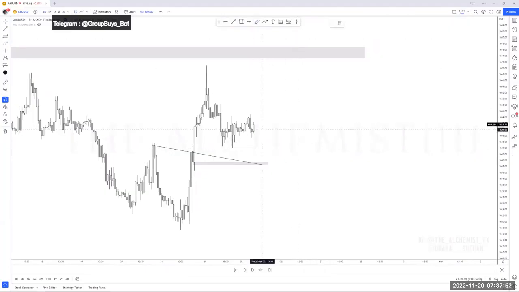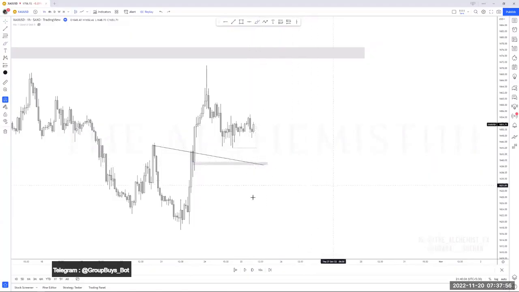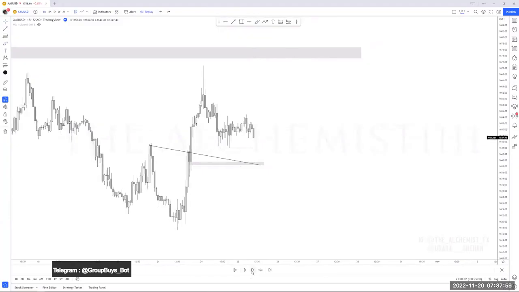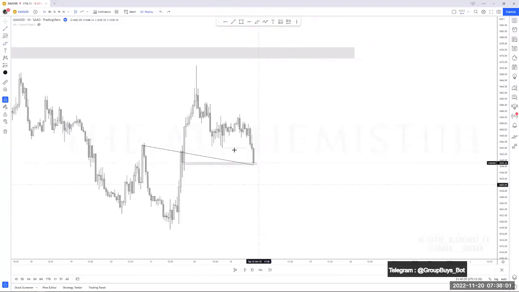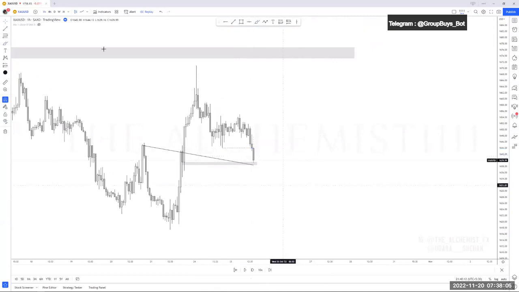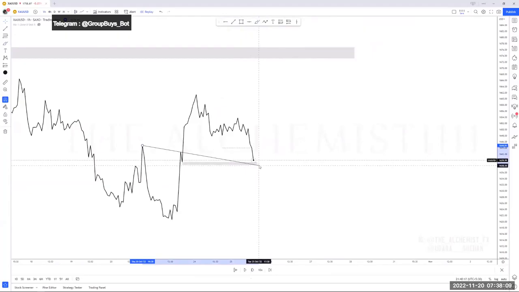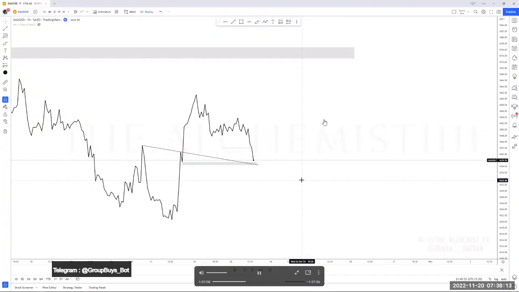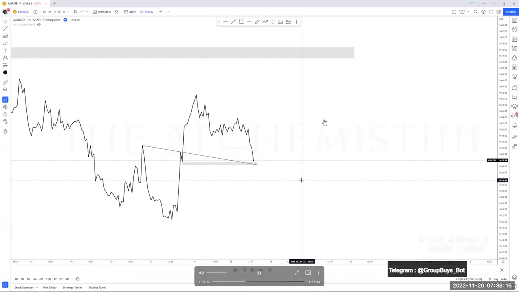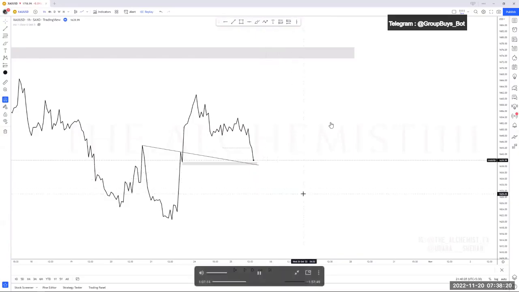So if price reaches these areas at those times of the day, it's very high probability. I don't trade Asia actually. I only trade London Kill Zone, London Open, New York Kill Zone, and New York Open. Those 4-hour candle closing times can be used as extra confluence.